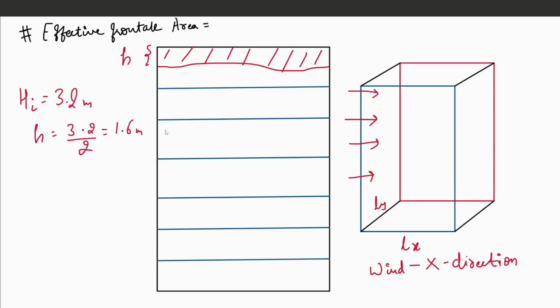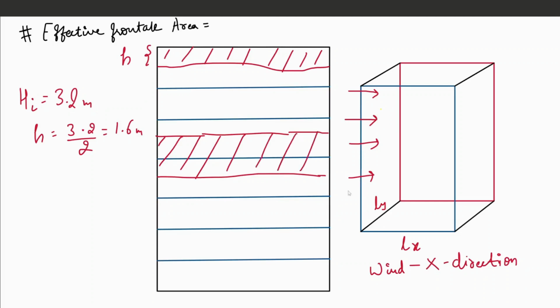And if we talk about the intermediate story, then this will be the effective frontal area, that is this center to center distance into this Ly. So let's take this as Hi only, because this will be equal to your Hi.